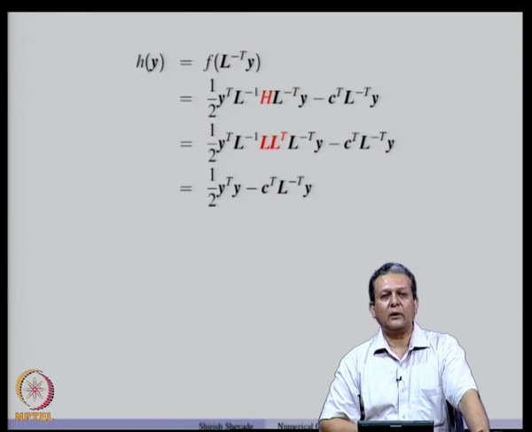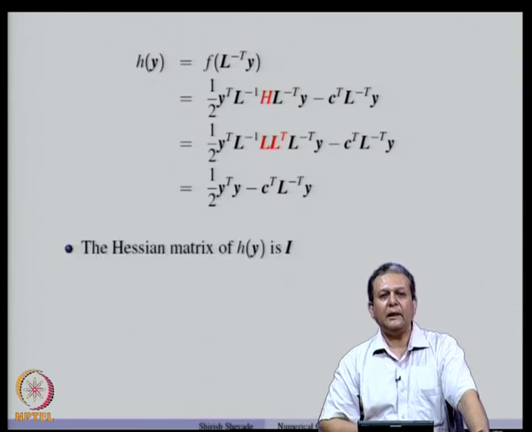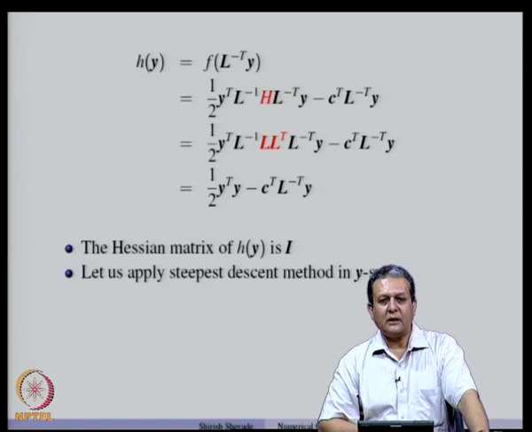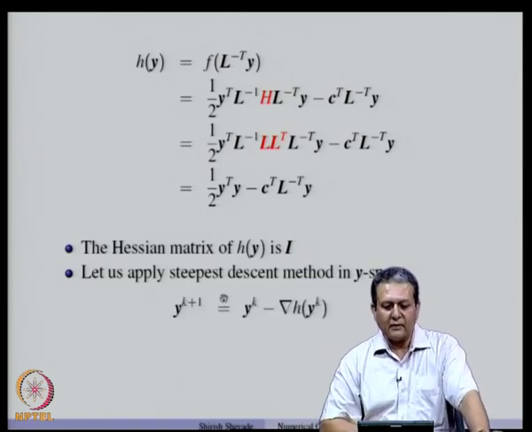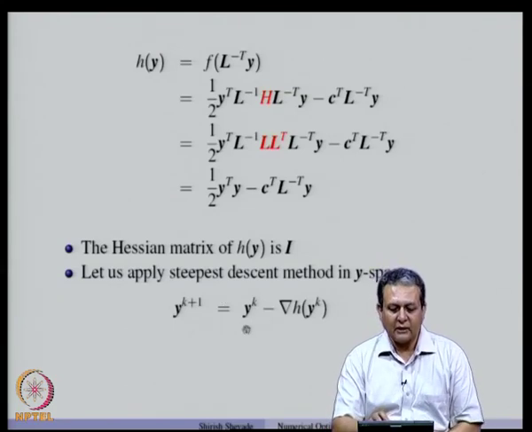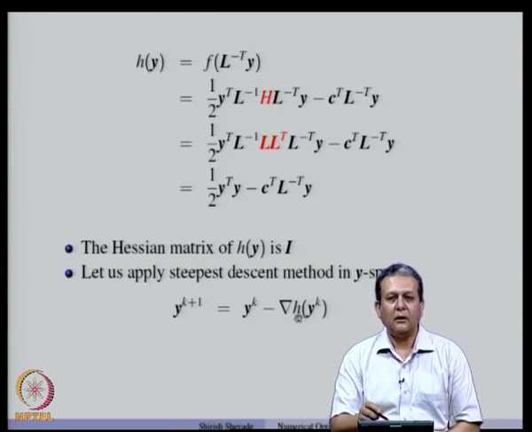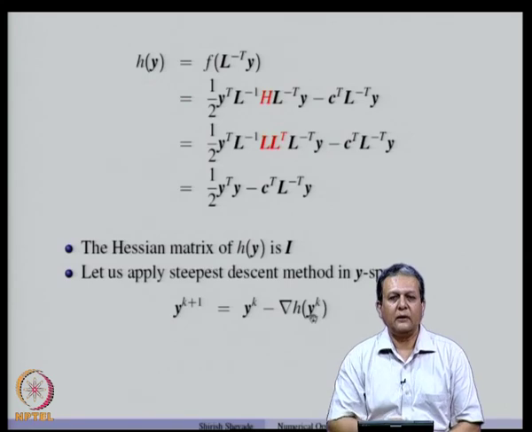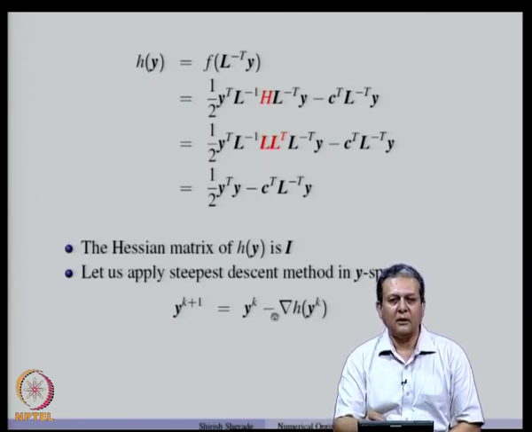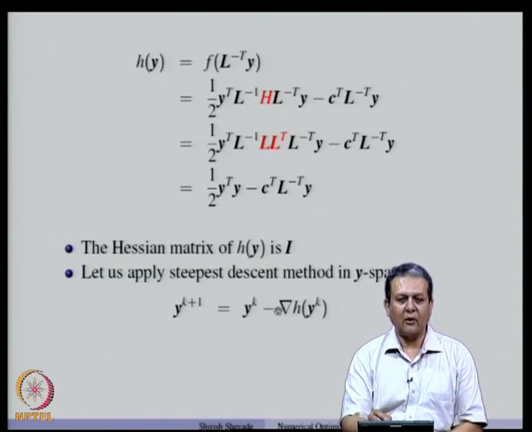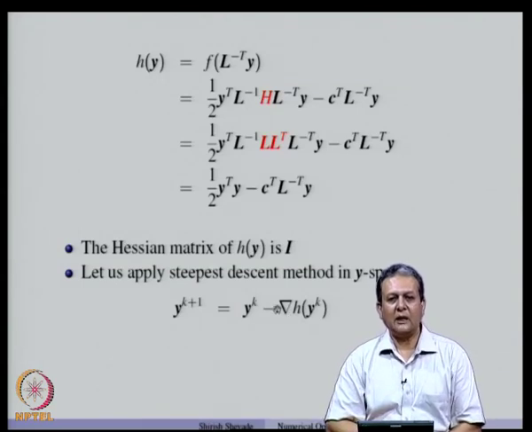That is very important, because now if we apply the steepest descent method in the y space, we get y k plus 1 is nothing but y k minus gradient of h of y k. That is the standard steepest descent method with alpha k equal to 1. So, we are not using any line search in this case, or in short we are just setting alpha k to 1.